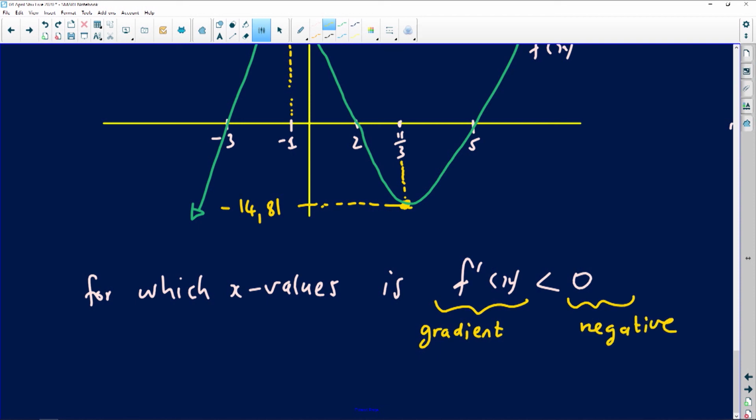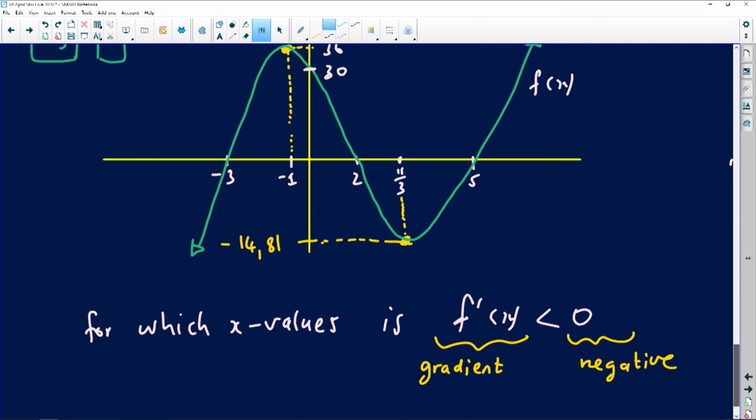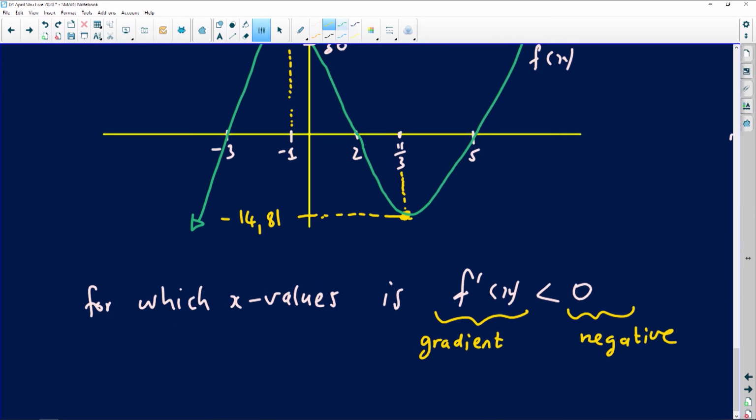All right. Now the gradient, like I told you, tells you in terms of the cubic graph where your graph is increasing, decreasing, or stationary. Right. So where the gradient is negative, beautiful people, if I combine those two words, gradient and negative, what the examiner is asking for is where the graph is decreasing.